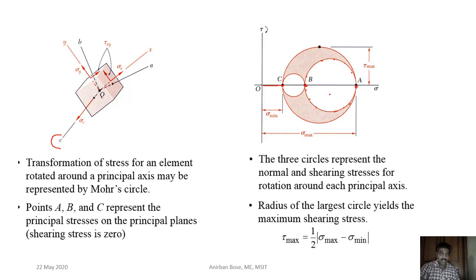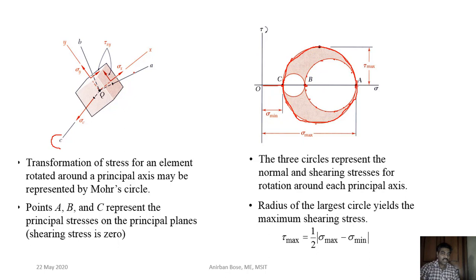Similarly, if you rotate with respect to B axis, which is a principal plane in the CA plane, then again you will get different normal and shear components, and those will be on this circle. So now you are rotating with respect to B, which is the principal plane, and these are the different points. You will get this Mohr circle.